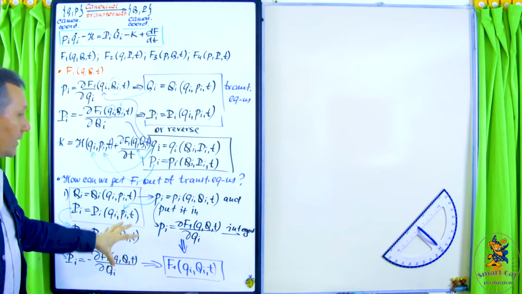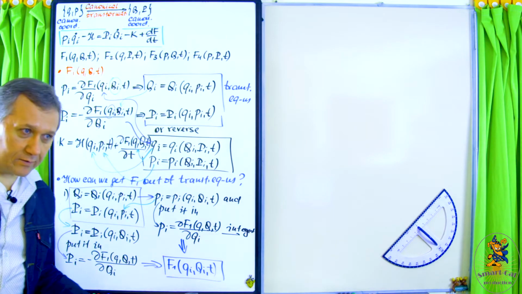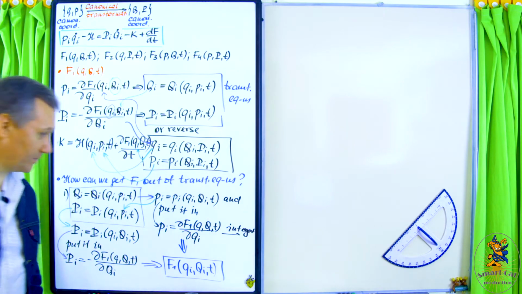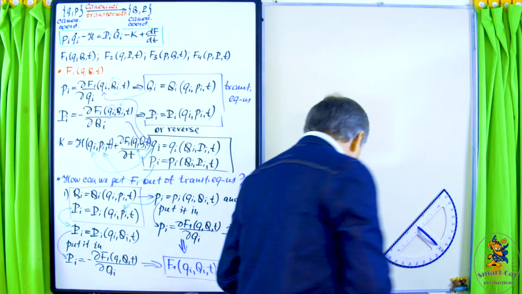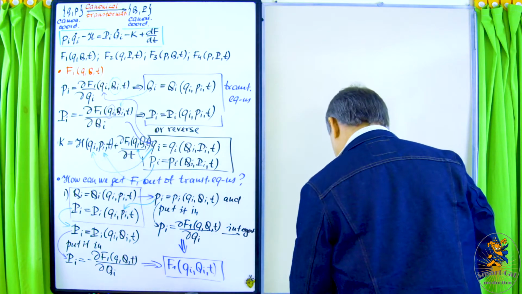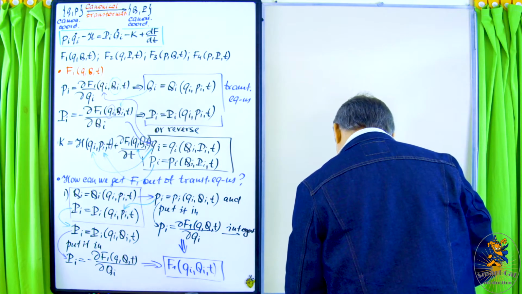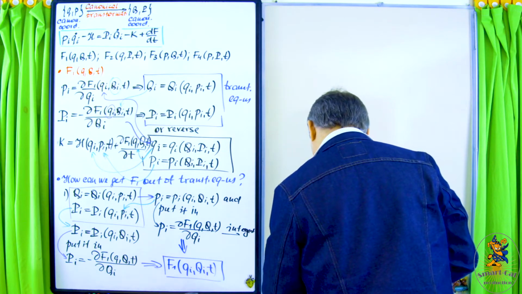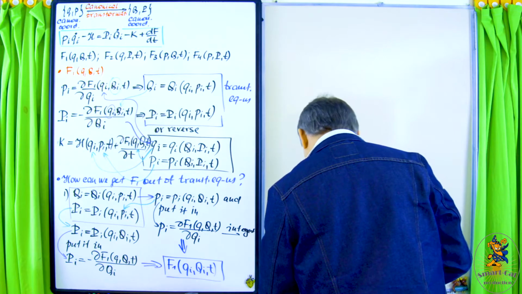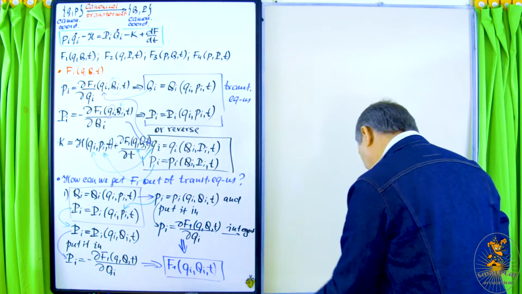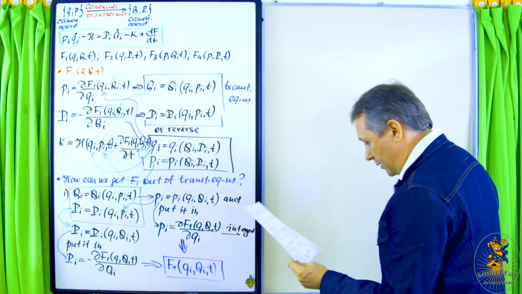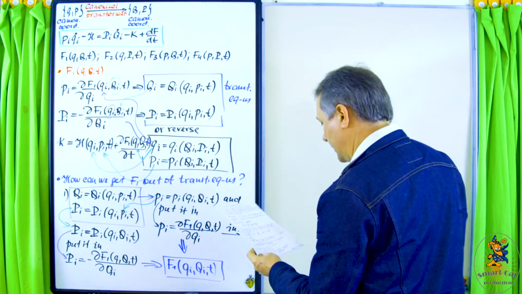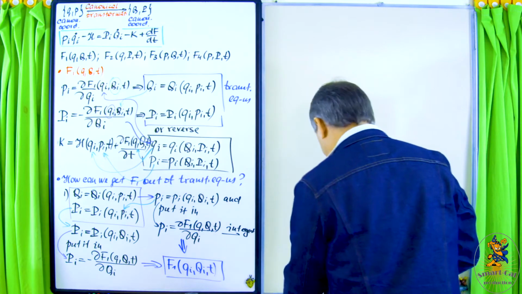That's how you can get a generating function, f1 of the first type, out of transformation equations. Okay, now one example, a very, very simple example, but you will see why I like that example. So let me check if I mentioned everything. Yeah, I should. Okay, cool.